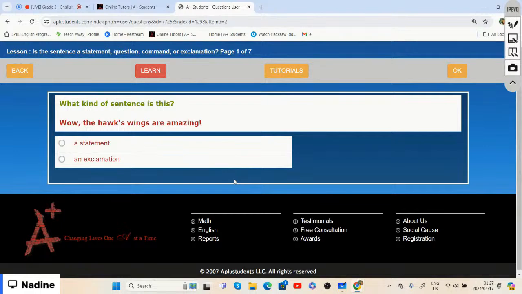Wow, the hawk's wings are amazing. Is that a statement or an exclamation? So we need to say, is it option one, which is a statement, or option two, which is an exclamation.